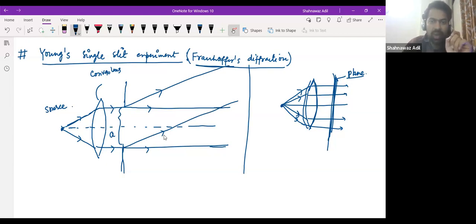Can you observe them on the screen? They are not meeting at the screen, they are meeting at infinity, so we cannot see them on the screen.